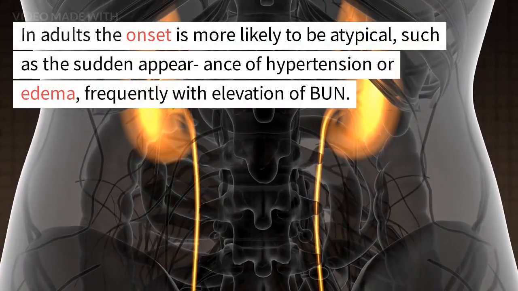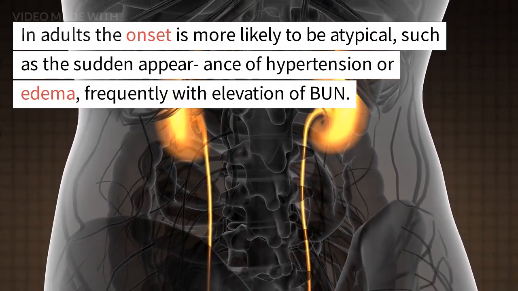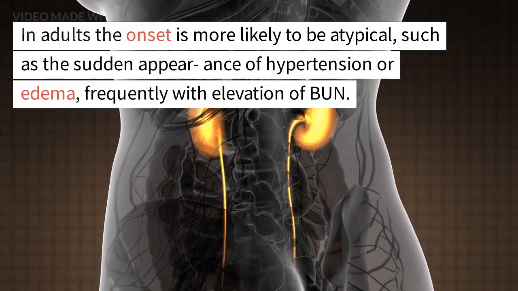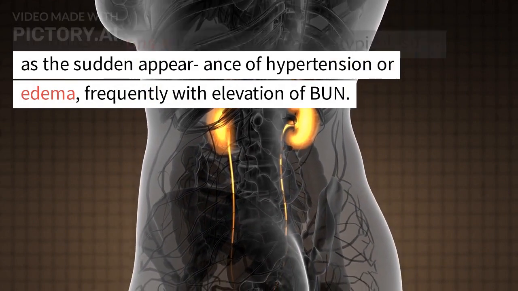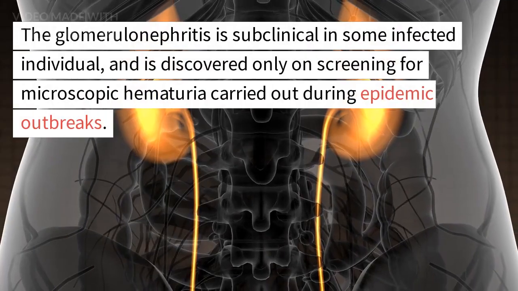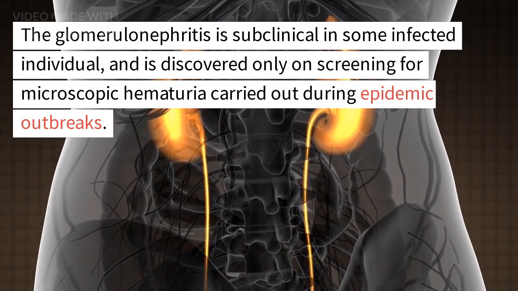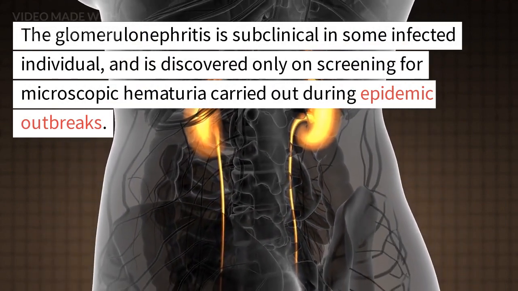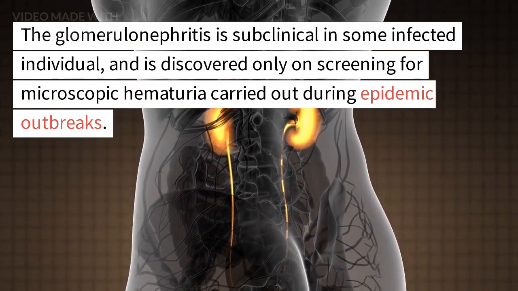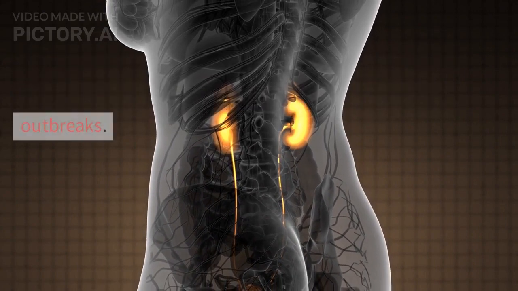In adults, the onset is more likely to be atypical, such as the sudden appearance of hypertension or edema, frequently with elevation of BUN. The glomerulonephritis is subclinical in some infected individuals, and is discovered only on screening for microscopic hematuria carried out during epidemic outbreaks.